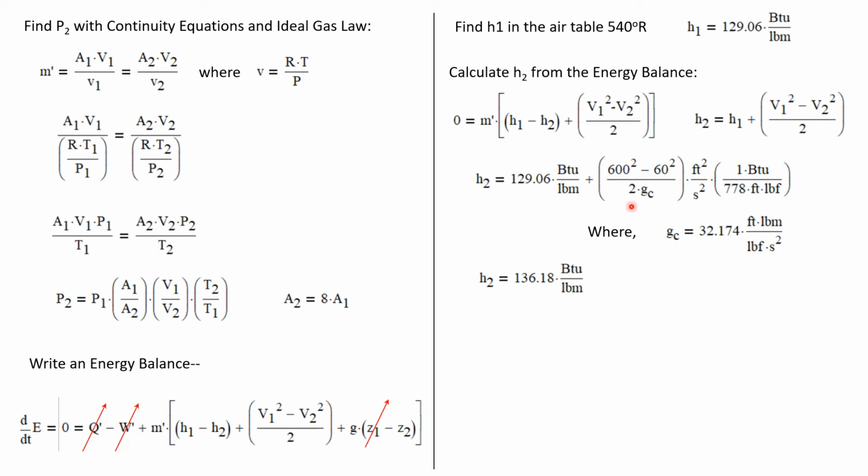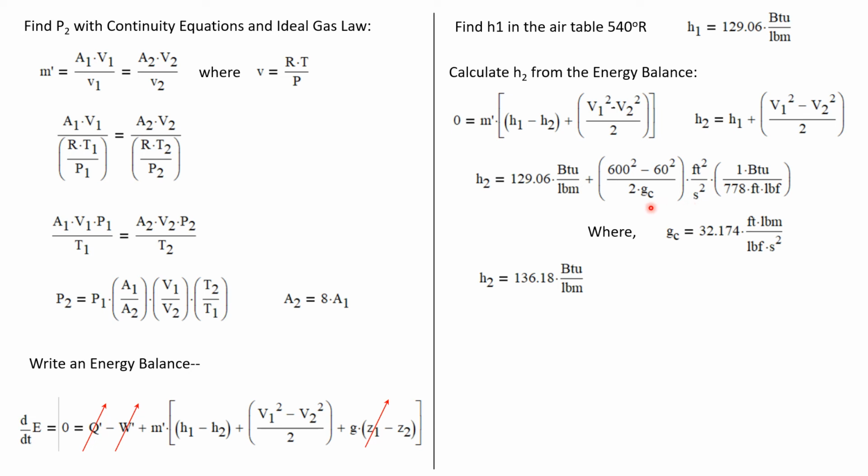Now, here, you will recall that we've got velocity squared, and so we have feet per second squared, which gives us units of feet squared per second squared. But we need energy units here, which will be basic English units of foot-pounds force. Well, how do we get from feet squared per second squared to foot-pounds force? We divide by g sub c.